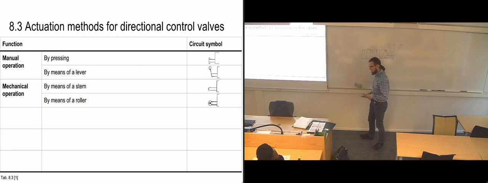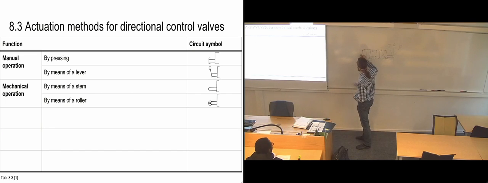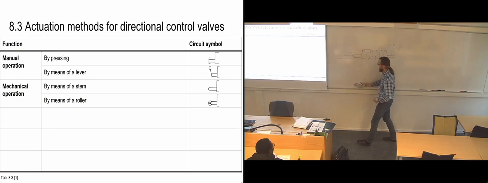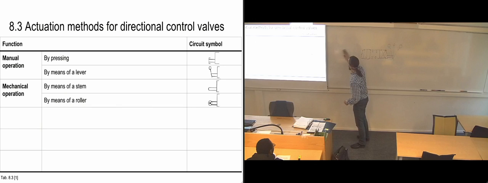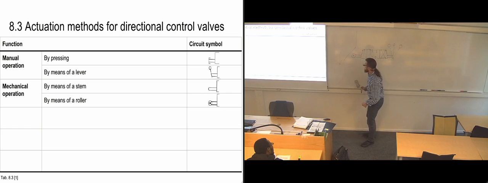Basically, if we have the stem here, you're basically looking for something to just move in here and push it this way. But if you have a roller instead, you can have, for example, the edge of a plate, and the entire plate is moving in this direction.